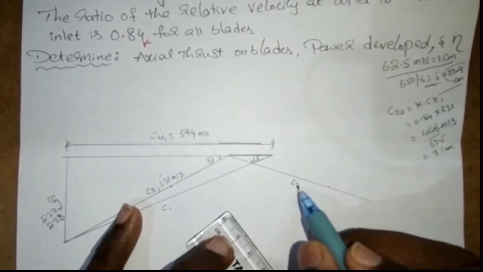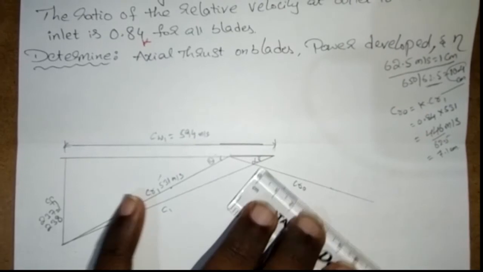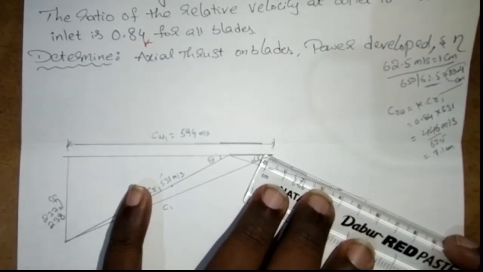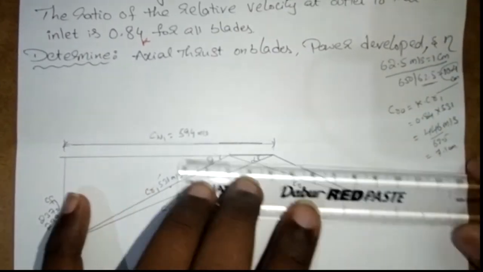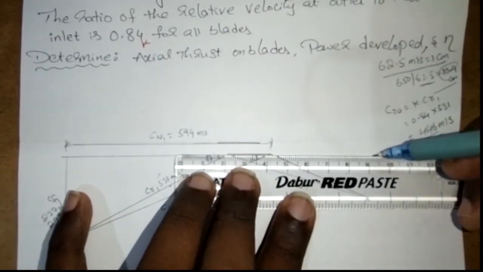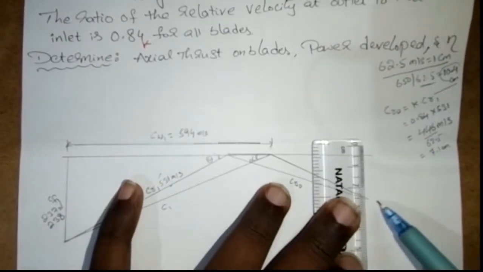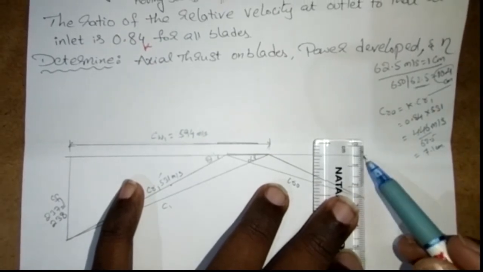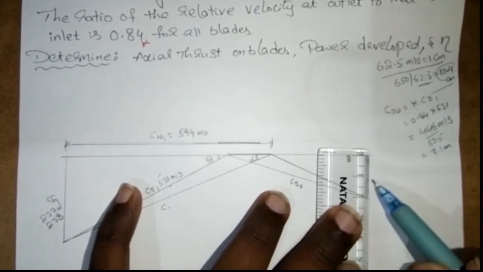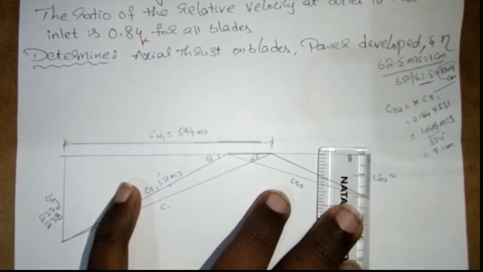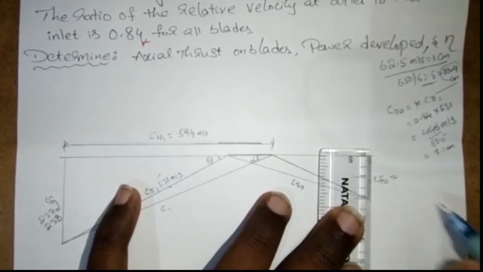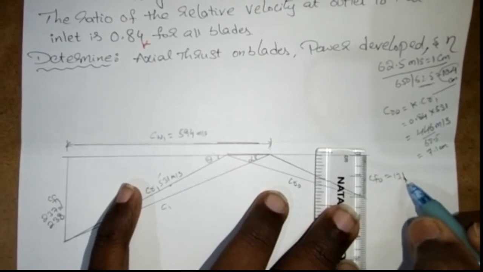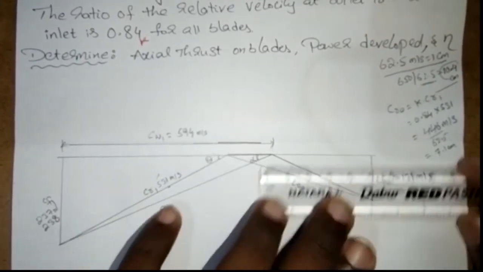So here this is the CR0. Join these ends, then project it, join here. So here this is CF0, around 2.1 into 62.5, 131 meters per second.